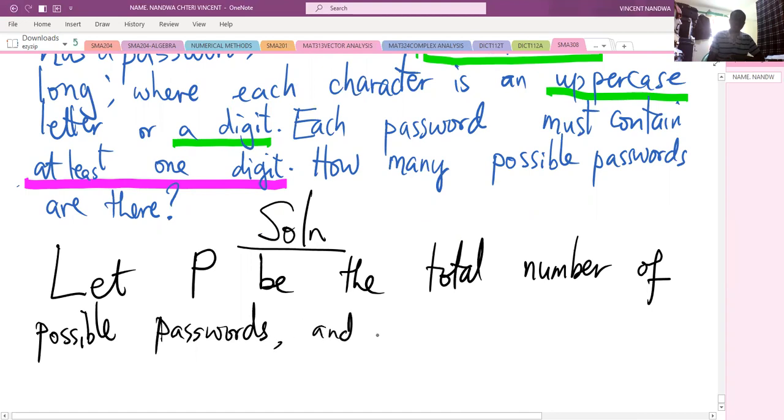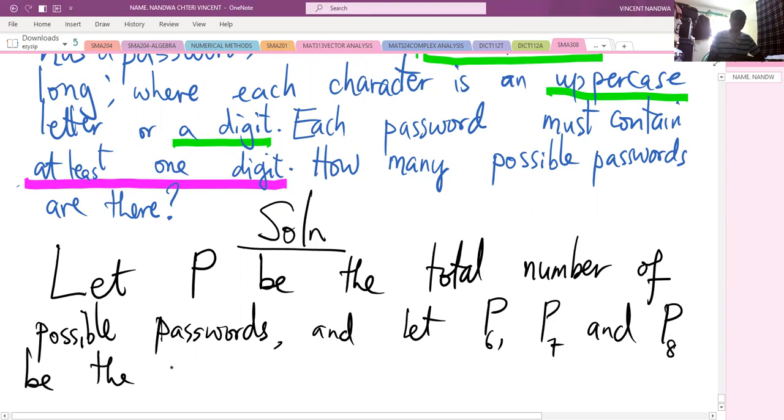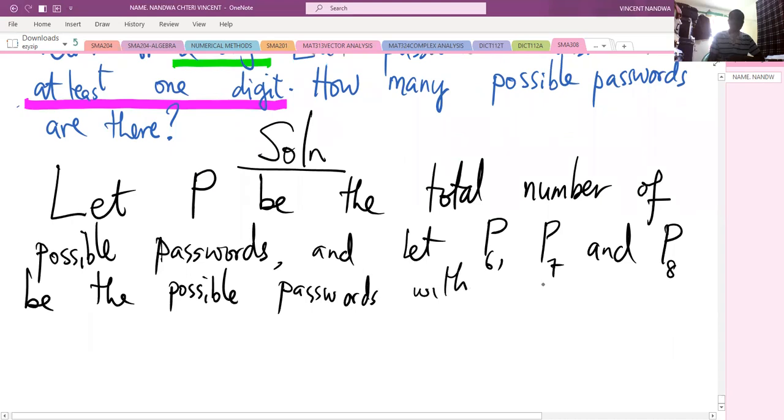and let P sub 6, P sub 7, and P sub 8 be the passwords with length 6, 7, and 8 characters respectively.